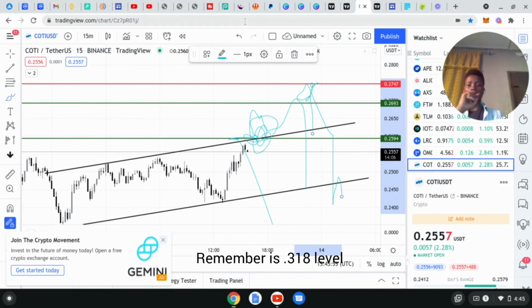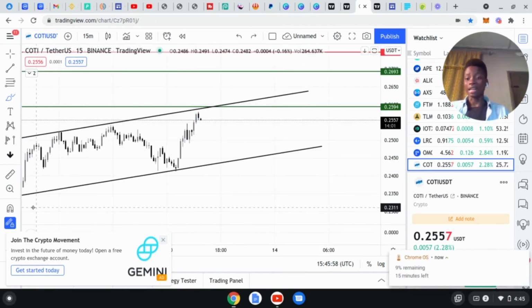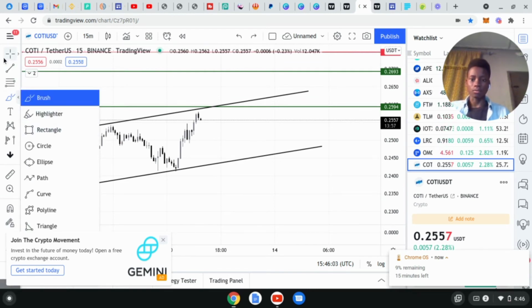So whichever one you use is okay, depending on your trading style and your risk management, how aggressive or how conservative you are.